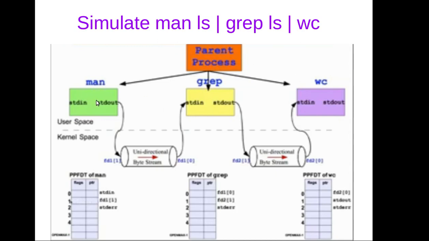The output from man ls is redirected to the pipe first, and then this output is redirected to the standard input of grep. Then it is again redirected to the pipe using standard output, from standard output to the pipe writer end.